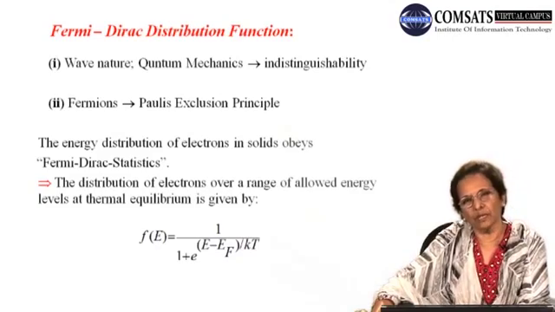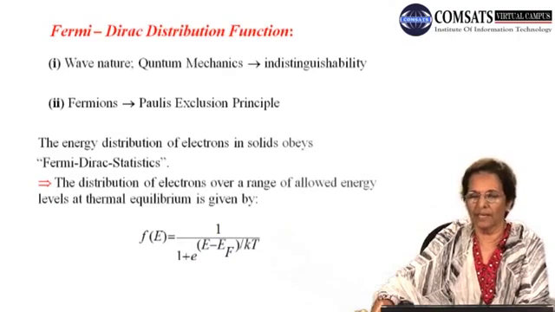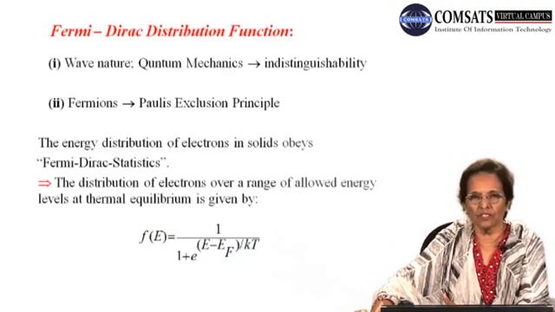The concept of wave nature associated with the electron comes from the requirement of quantum mechanics. And secondly, one electron is not distinguishable from another electron. So all the electrons, the free carrier concentration, and thus the free hole concentration, are indistinguishable.